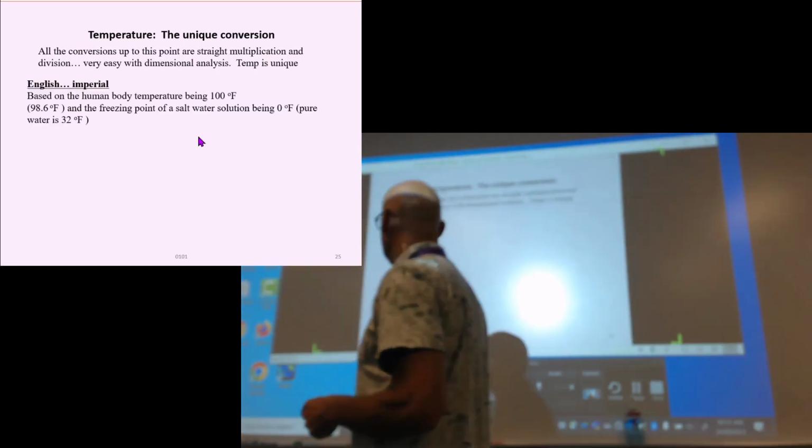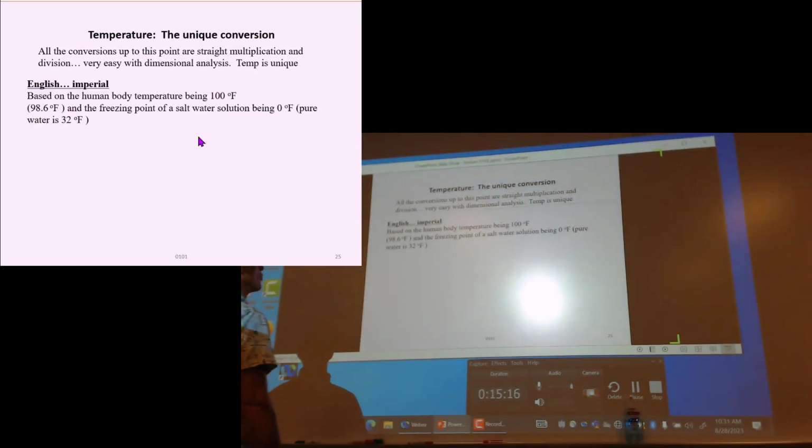It's really helpful. Okay, so we got kind of what the English, and then I heard the term imperial the other day, which I don't really love, right? If everybody knows the root of the word, it's a very awful term. It's based on human body temperature being 100 degrees. We're going to talk about temperature in Fahrenheit.